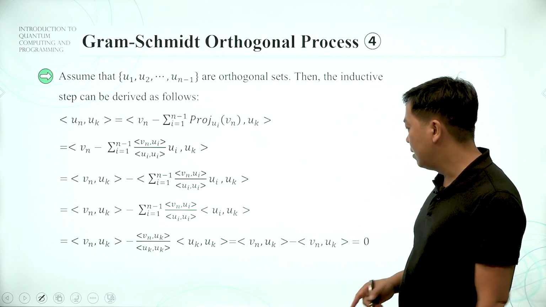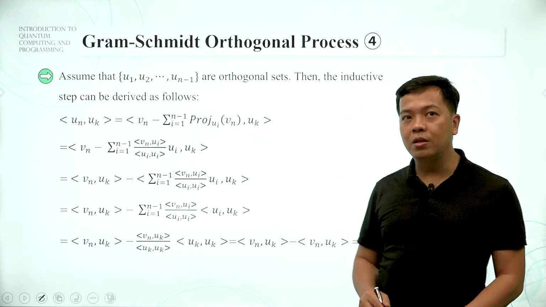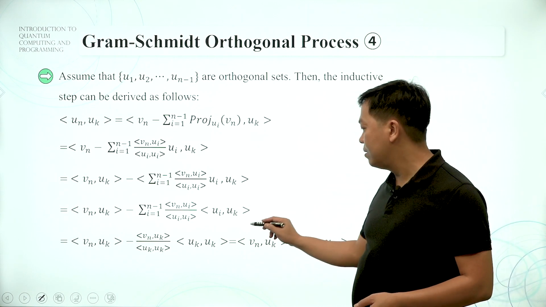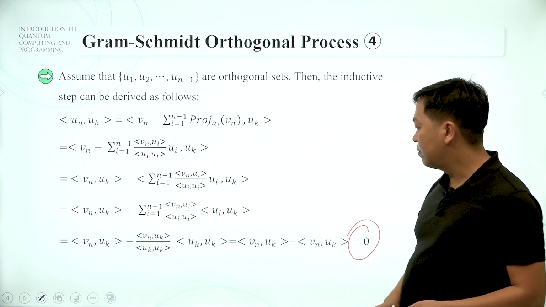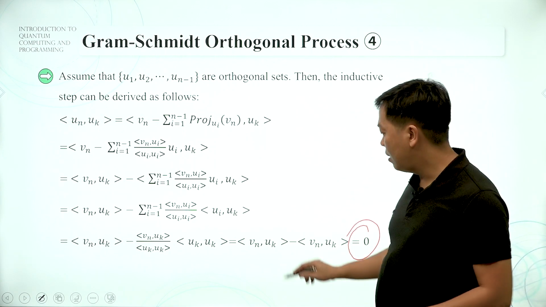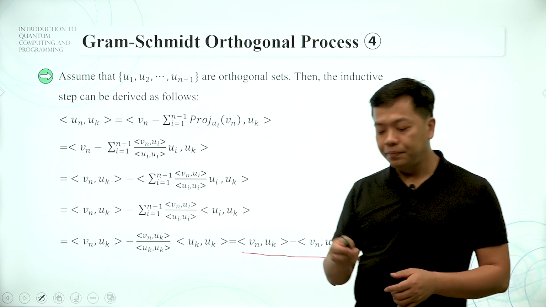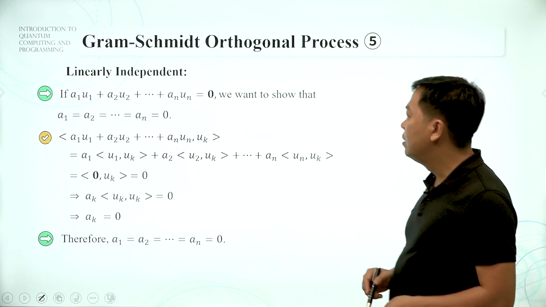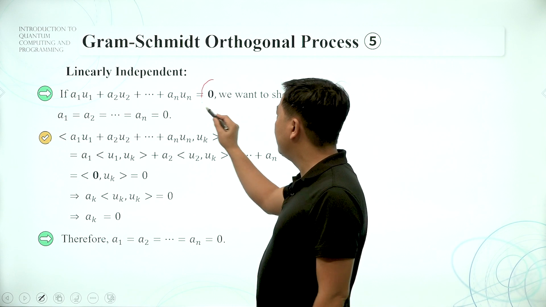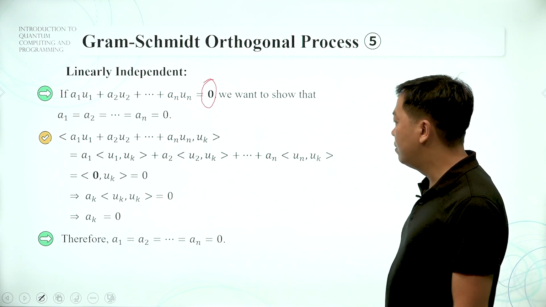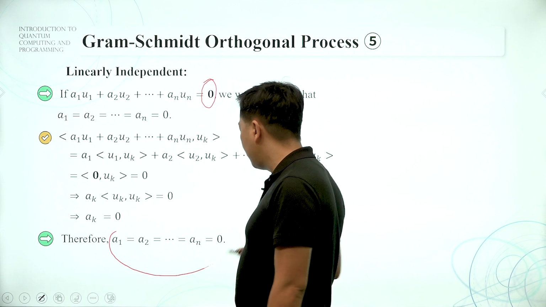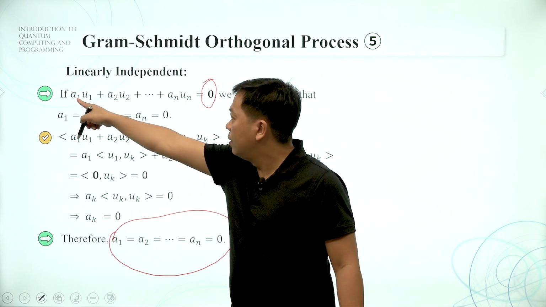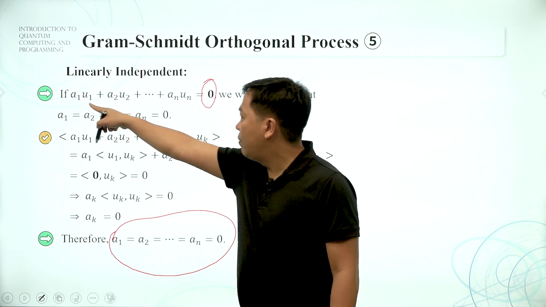The key point here is that we can transform into an orthogonal set. After we derive, the value will be greater than or equal to 0, and equal to 0 only in one case. The other thing is linear independence. If we have linear independence, then the combination equal to 0 requires every coefficient x in this linear function to be 0, you can see r1, r2, up to rn.